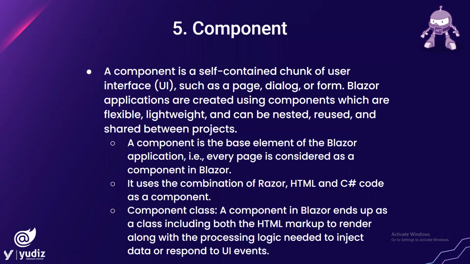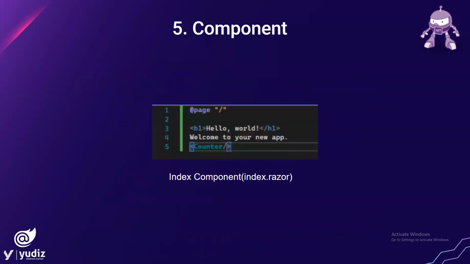Now, component class: a component in Blazor ends up as a class including both the HTML markup to render along with the processing logic needed to inject data or respond to UI elements. Like we can add a component within another component class.